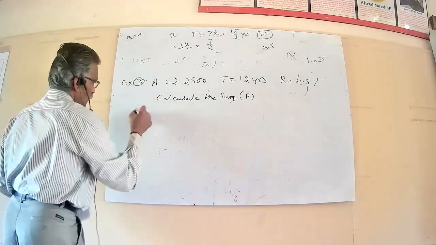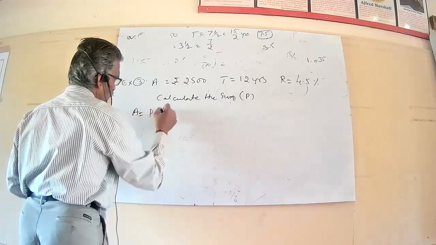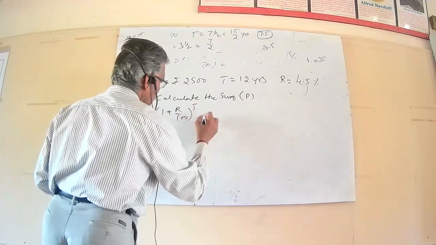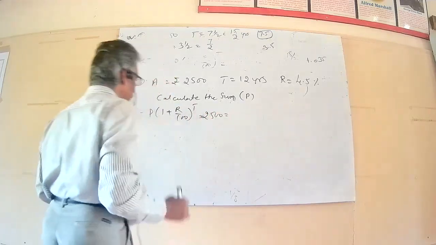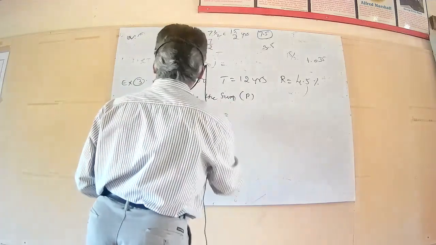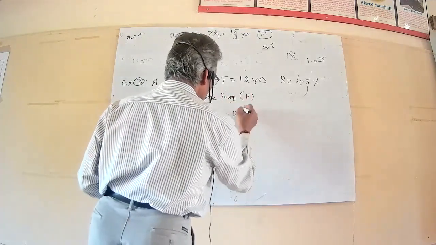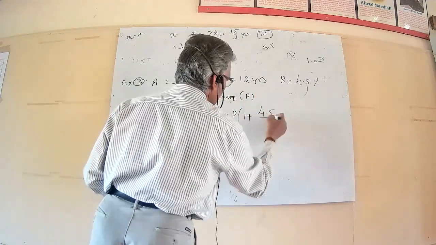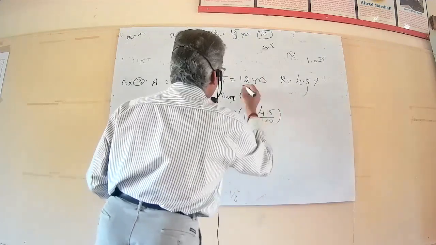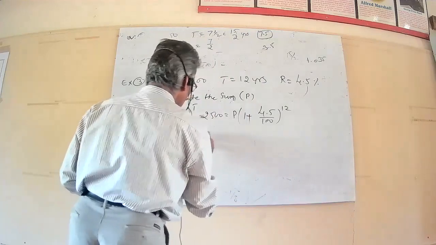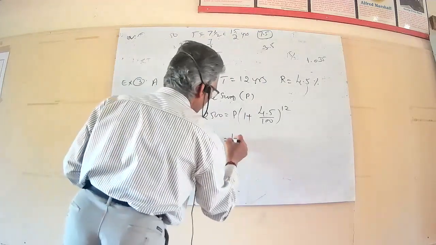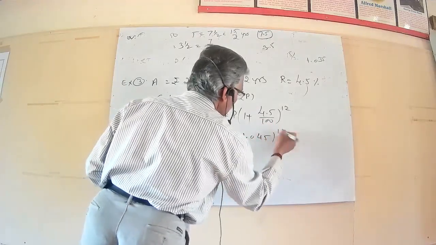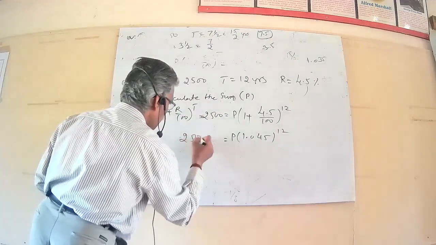So A equals P into 1 plus R upon 100 raised to T. That is, A is given, so 2,500 equals P into 1 plus R, where R is 4.5 divided by 100, raised to 12. So this equals P into 1.045 raised to 12, which equals 2,500.